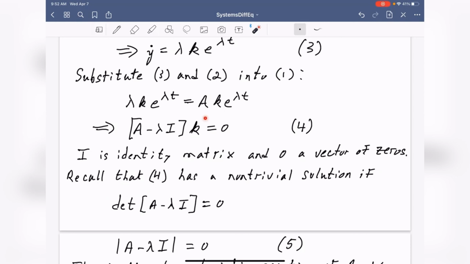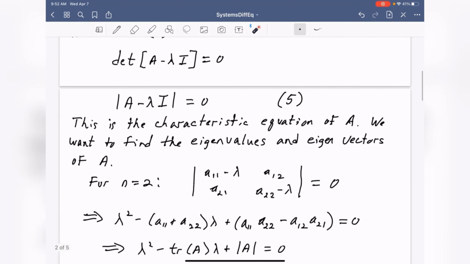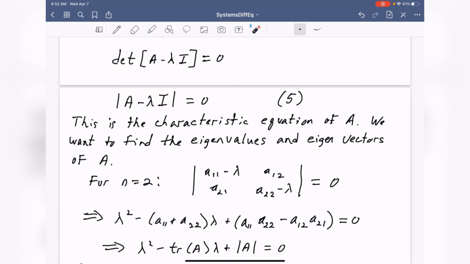If it was trivial, we'd simply have k equal to 0, which doesn't help us at all. So now, using the general form, we find the determinant of this expression, which is the characteristic equation of A. What we want to do is find the eigenvalues and the eigenvectors of A.